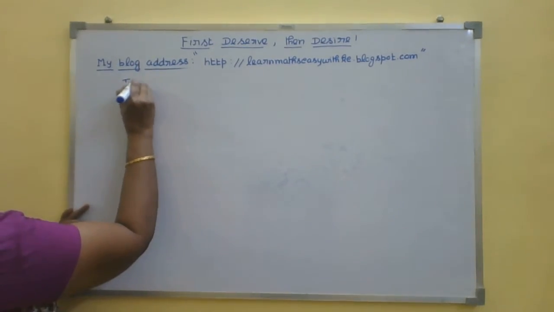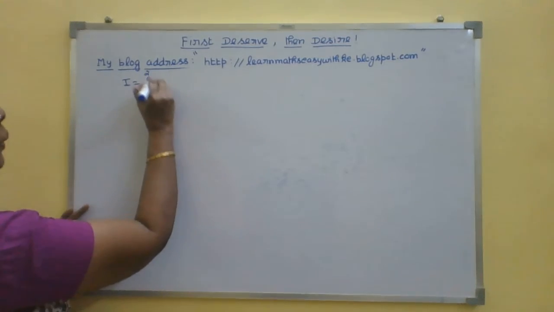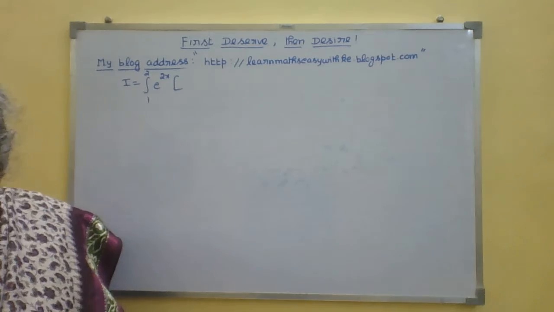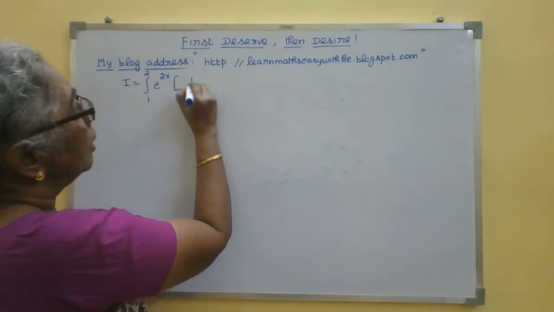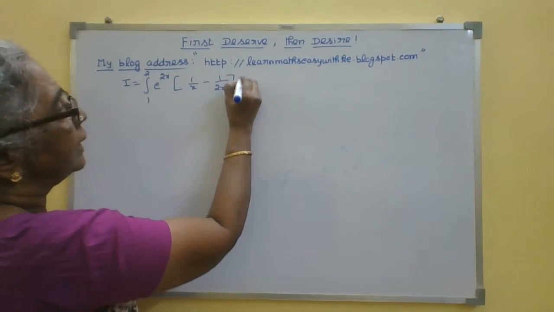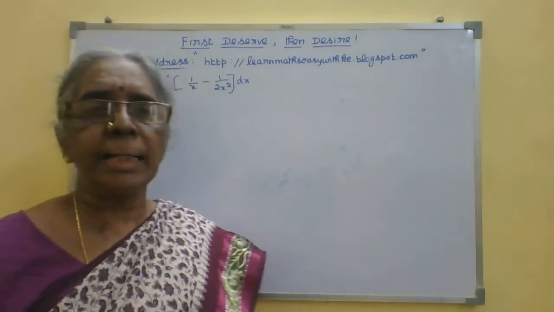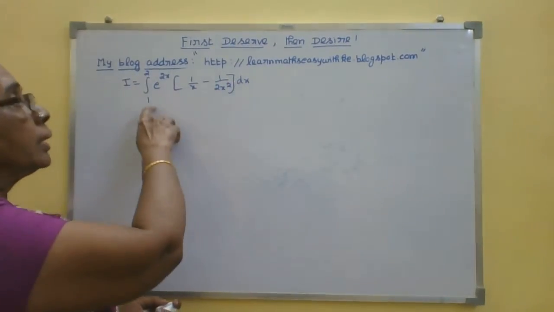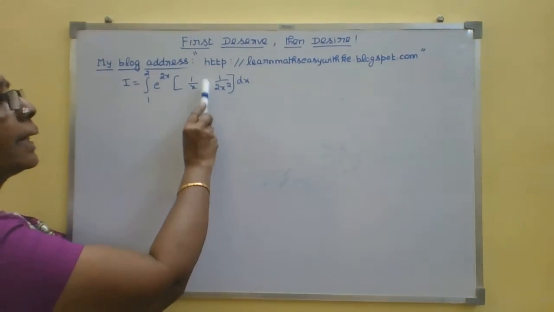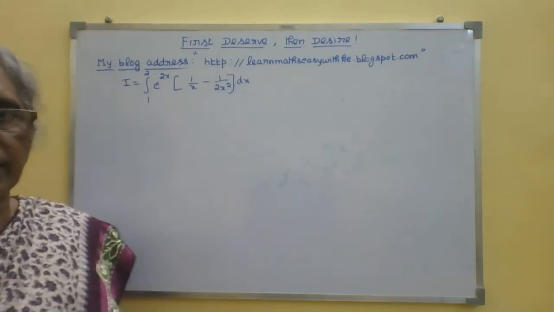I is equal to integral 1 to 2 e power 2x into 1 by x minus 1 by 2x squared dx.